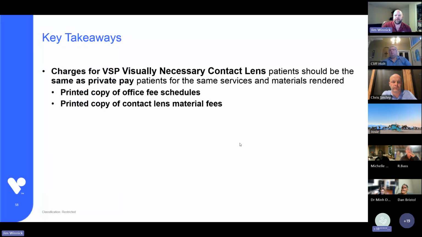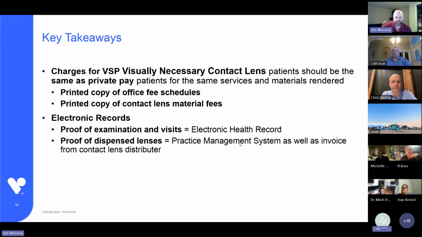Last few points. I've said this several times, charge your patients the same for a visually necessary contact lens fit as you would a private pay patient or any other vision plan. Have your printed copy of both your fitting fees as well as your material fees. And remember, with the advent of electronic medical records, things live in different places. We have our electronic health records, and we also have our practice management systems.